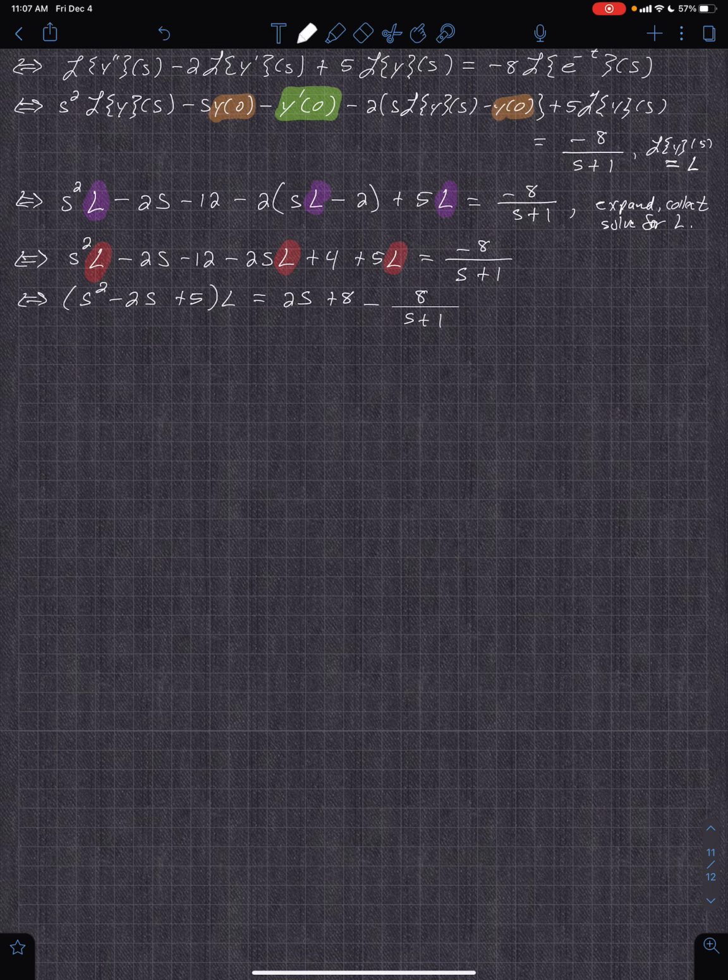There we go. So now it's looking nicer, isn't it? So now we can add that up and continue to simplify. So this is equivalent to s squared minus 2s plus 5 L. And then get a common denominator there.